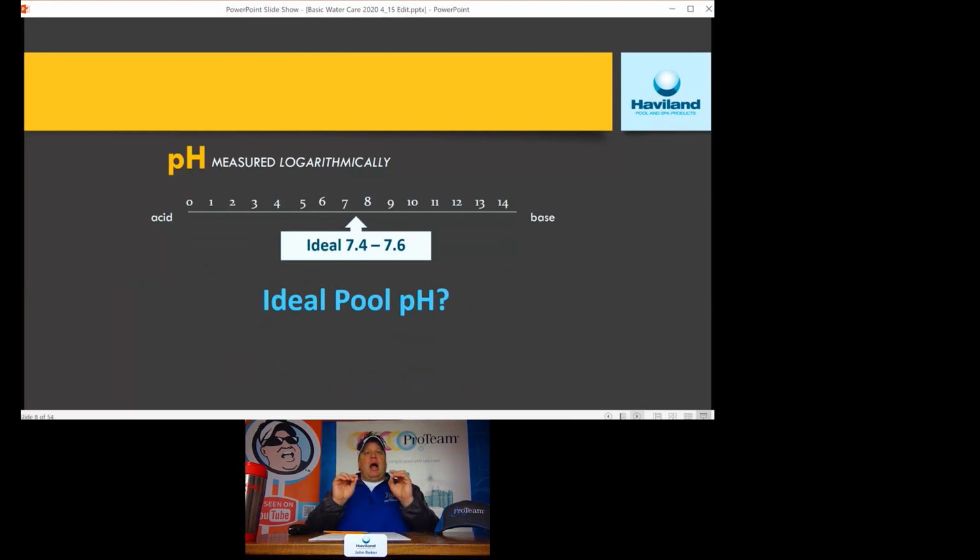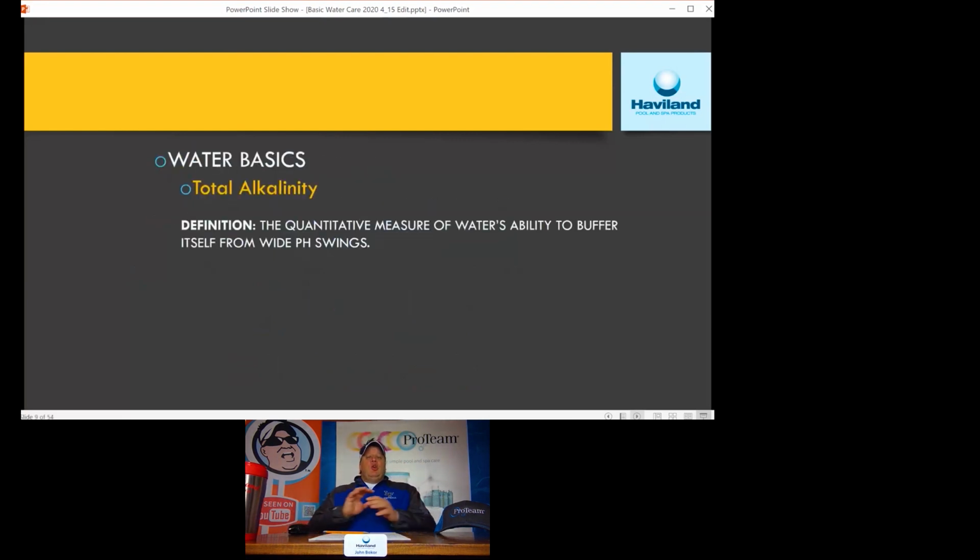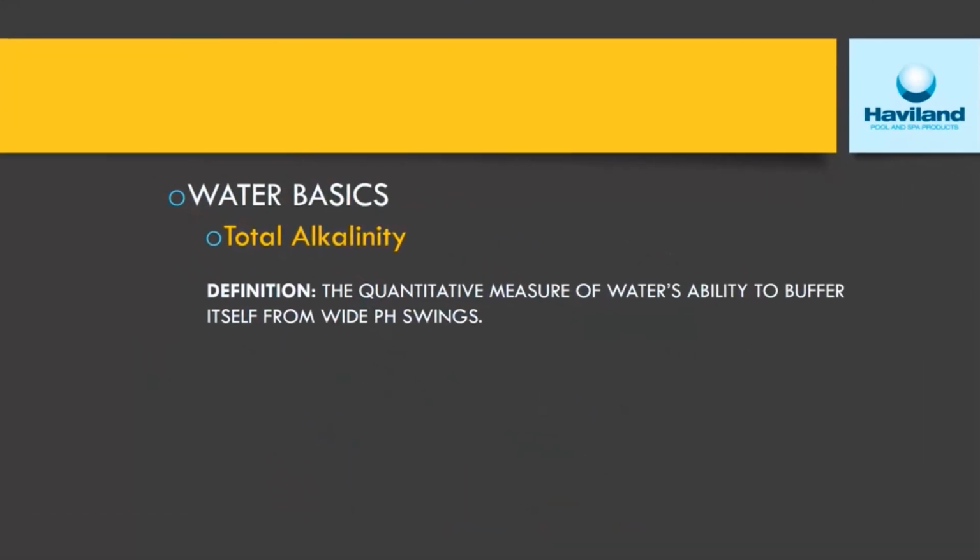Now, how do we maintain the correct water quality? Well, we use a buffering system in our swimming pool called total alkalinity. And total alkalinity is actually physical, hold in your hand stuff that we're measuring in the water.